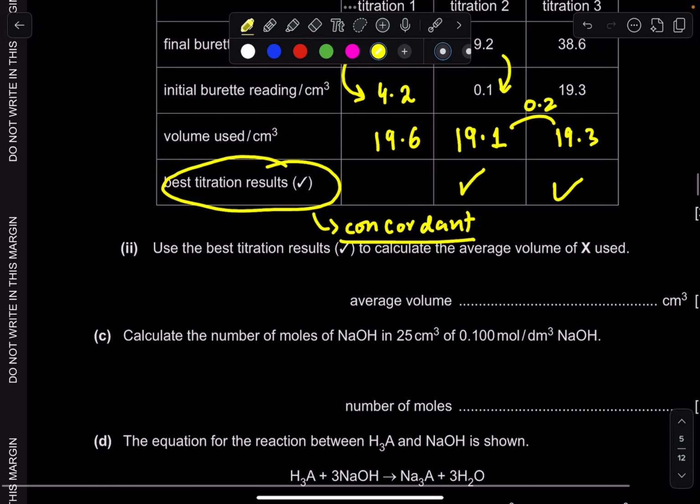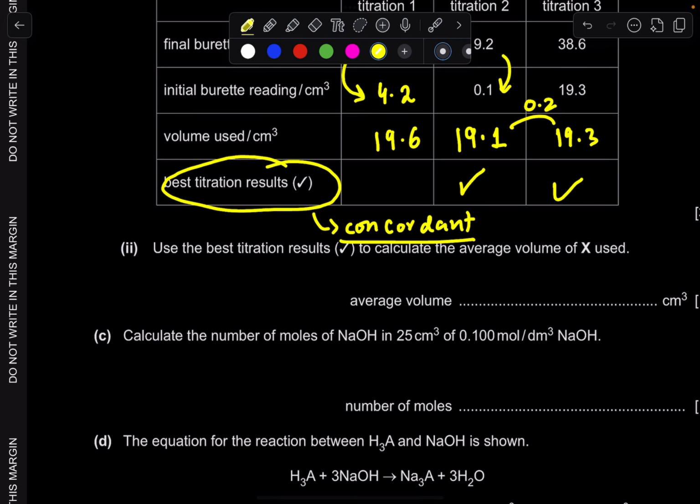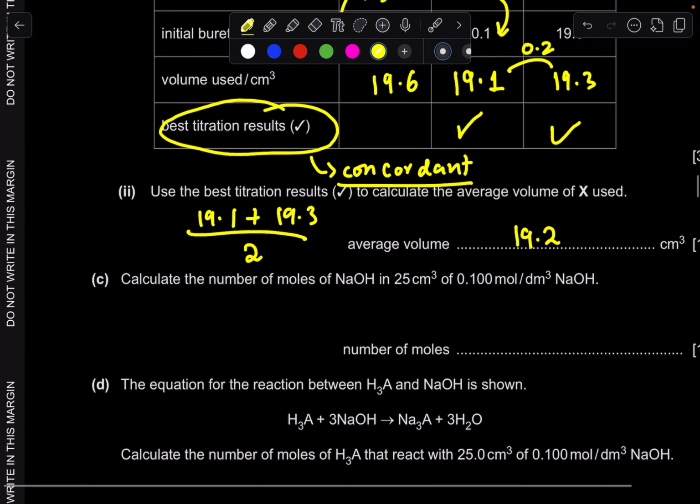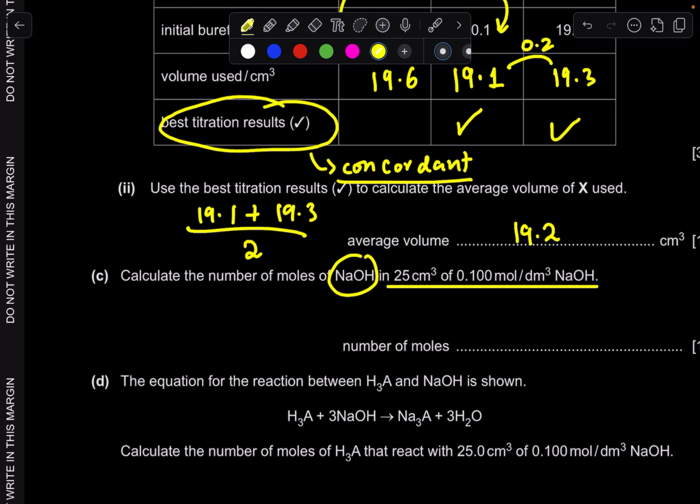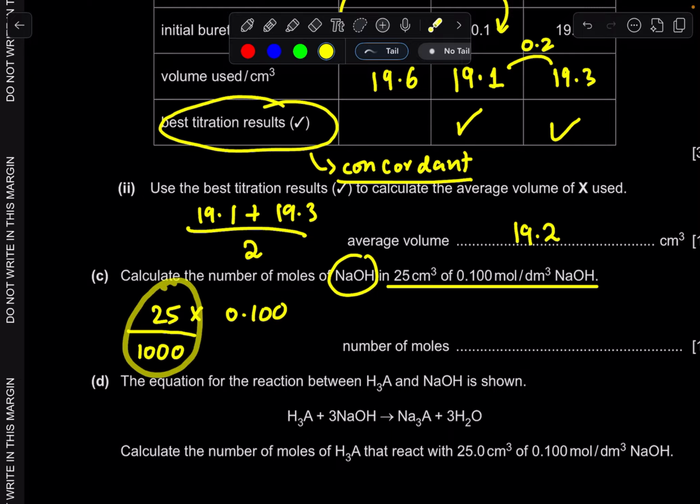Use the best titration results to calculate the average volume. So the average is 19.1 and 19.3, the two results, divided by 2, which gives me 19.2. Calculate the number of moles of NaOH in 25 cm cube of 0.100 mole per dm cube NaOH. So 25, the volume, multiplied by the concentration 0.100, and we divide by 1000, because we have to take the volume in dm cube, not in cm cube.